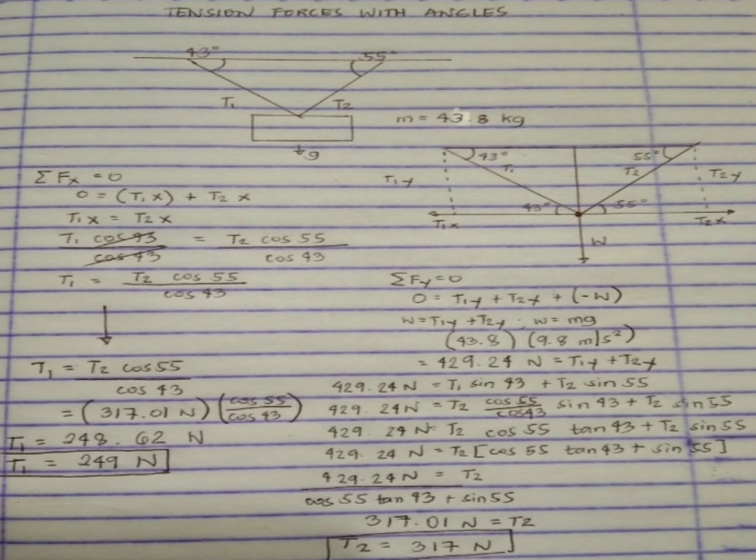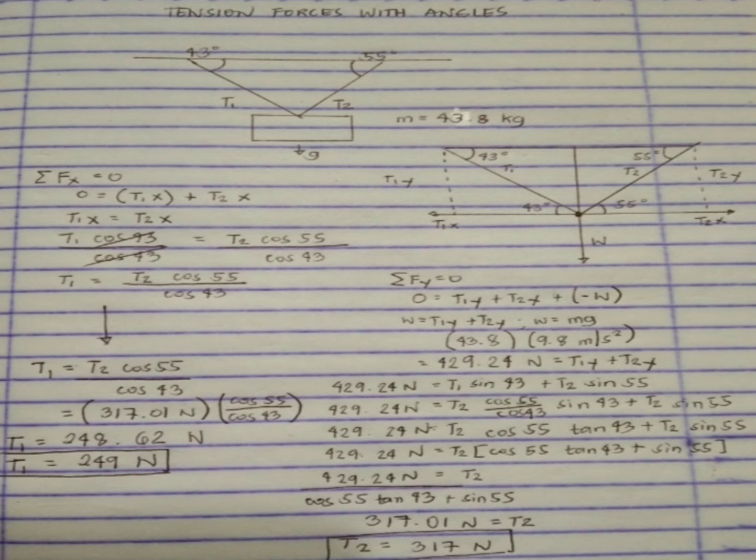The total is 429.24 Newton equals T1y plus T2y. 429.24 Newton equals T1 sine 43 plus T2 sine 55. 429.24 Newton equals T2 cosine 55 over cosine 43 sine 43 plus T2 sine 55. 429.24 Newton equals T2 cosine 55 tangent 43 plus T2 sine 55.